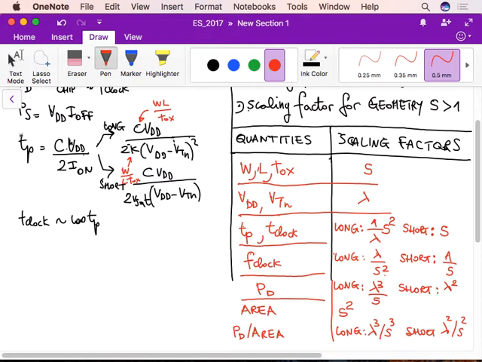Now, why am I mentioning these quantities? Because from the historical point of view, things have changed in the sense that there have been 3 different phases for the scaling and 3 different types of evolution in the case of Cmos processors.